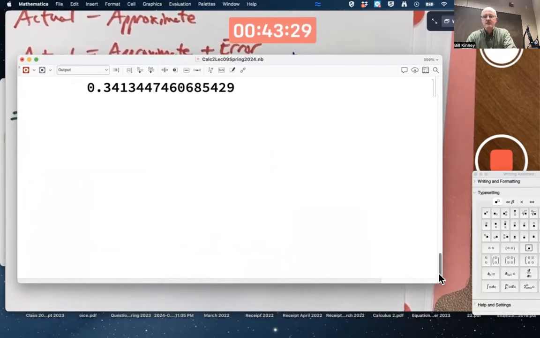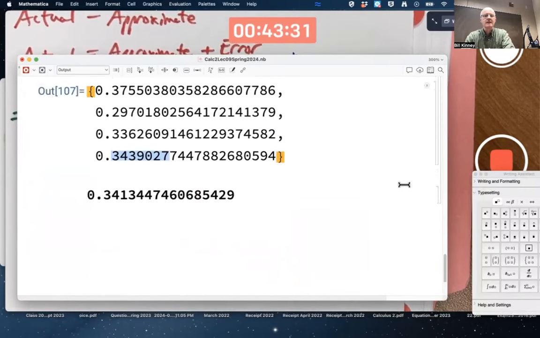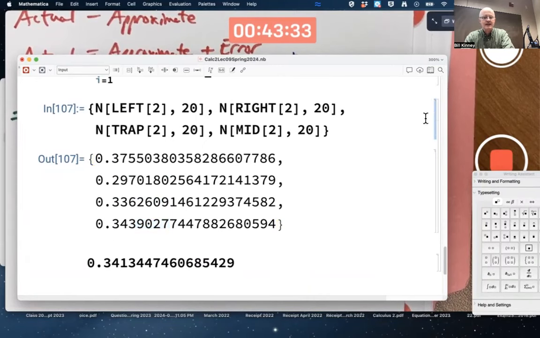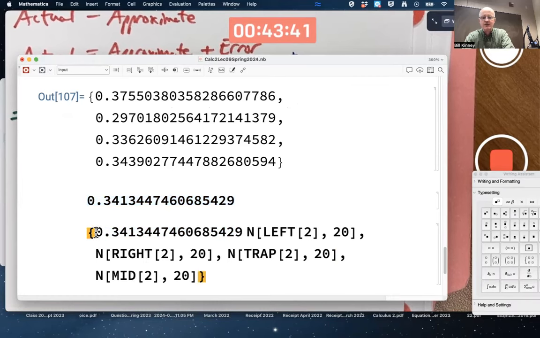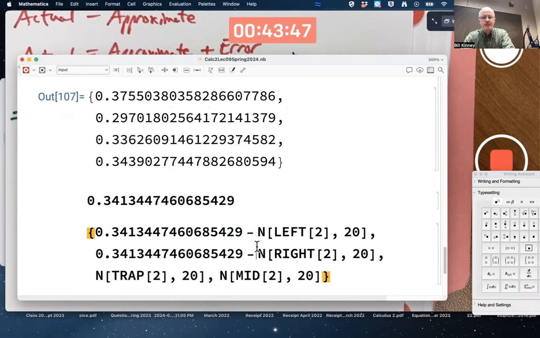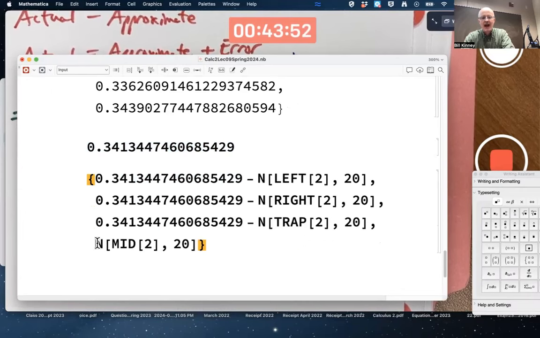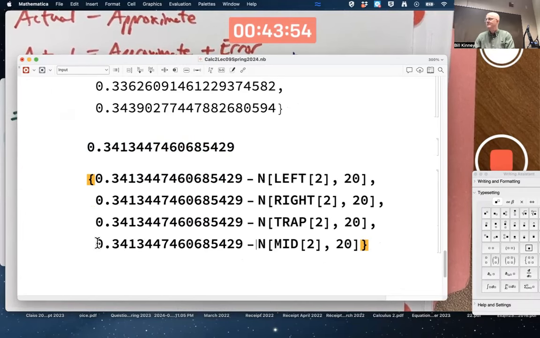What about the errors in these things? Let me take these numbers. And in each case, let's subtract them from the quote unquote actual value. So I'm going to put the best approximation in front with a minus sign for each of these. I'm computing the errors now, actual minus approximate.